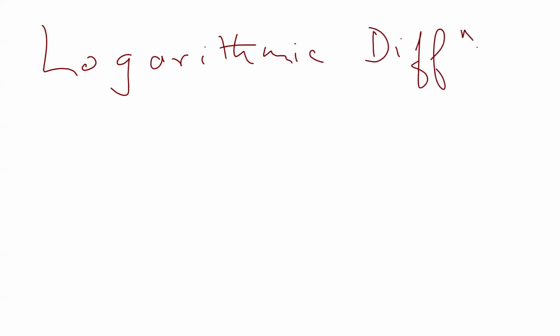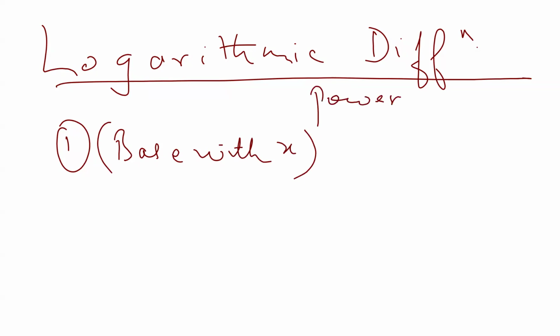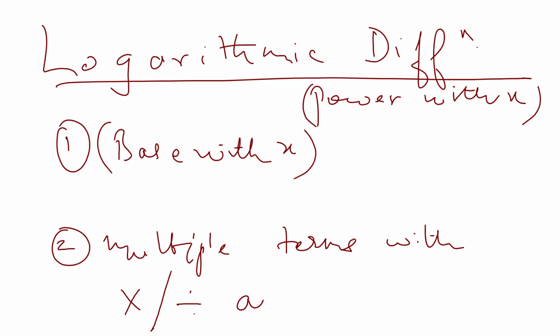When to use it? We have to use this when we are having a base in terms of x and a power in terms of x. This is the first instance where we use logarithmic differentiation, and also when there are multiple terms with multiplication or division and powers.